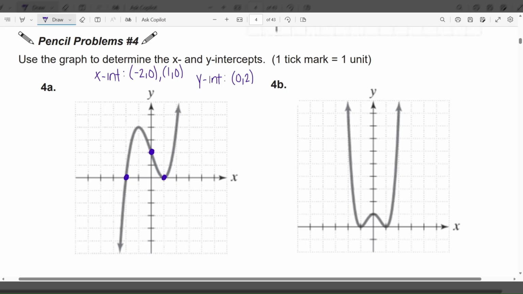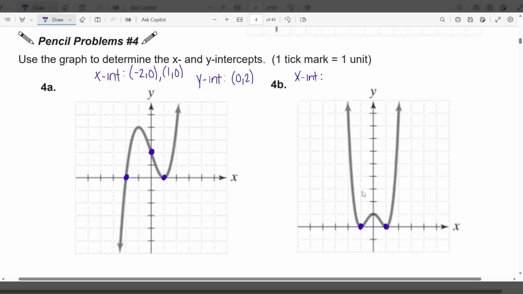4B, we're going to find our x-intercepts. So where does it cross the x-axis or touch? Here and here.